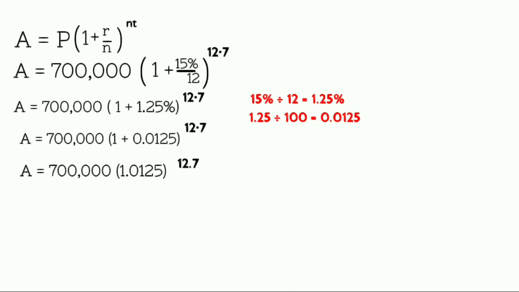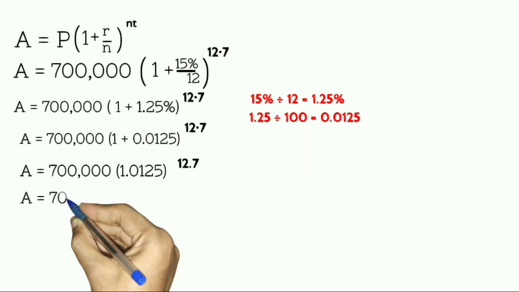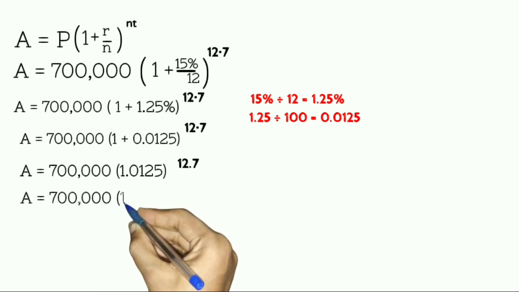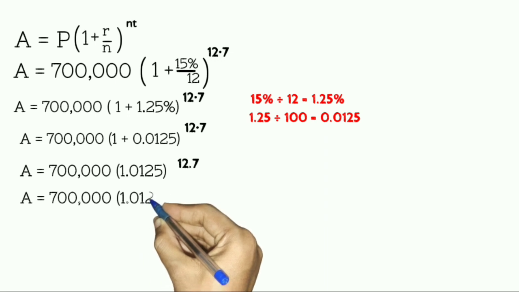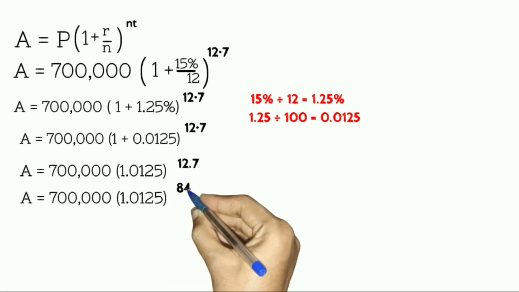12 times 7 is 84. Let's rewrite 700,000 times 1.0125 raised to the power of 84.